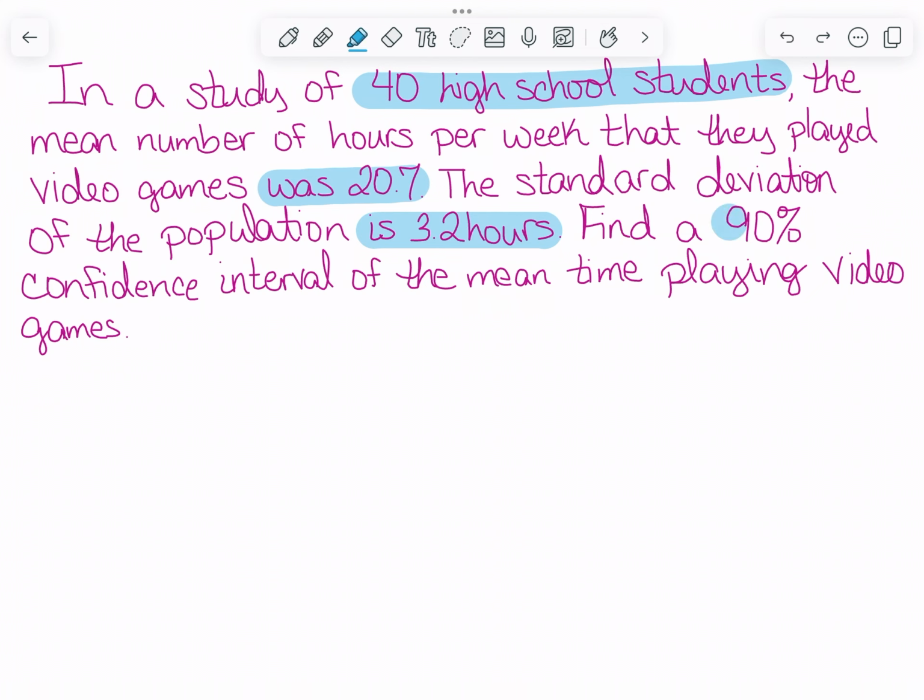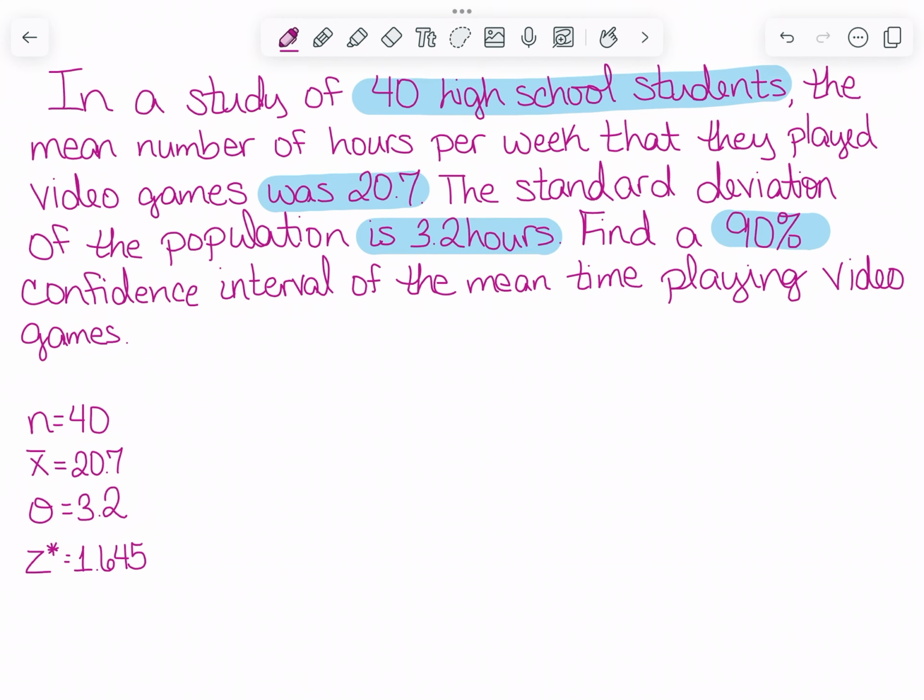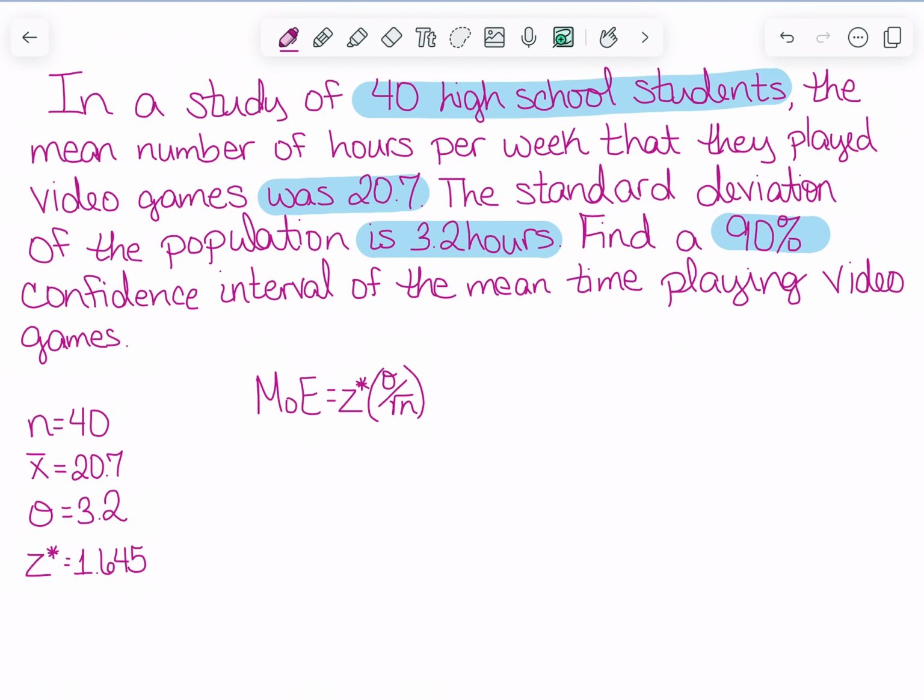We're also looking for a 90% confidence interval, so that'll give me my value of z star. Condensing this information, I have n equal to 40, x bar equal to 20.7, sigma equal to 3.2, and z star equal to 1.645.